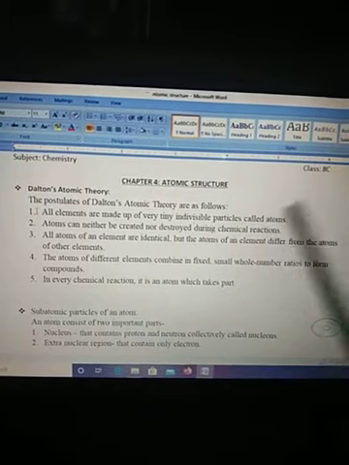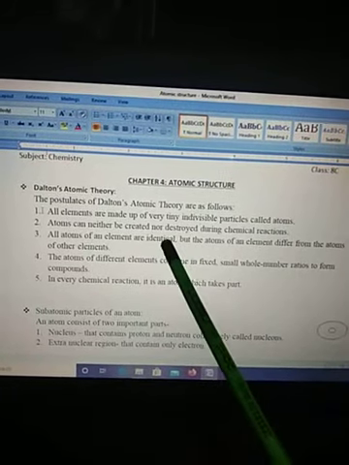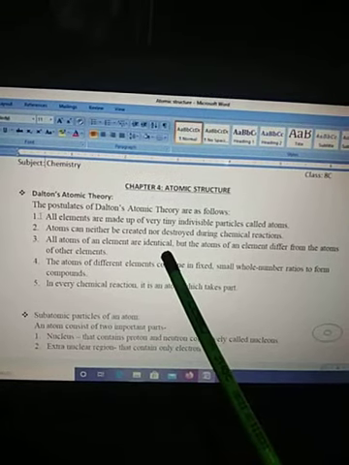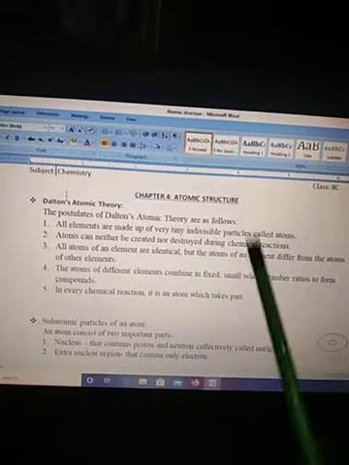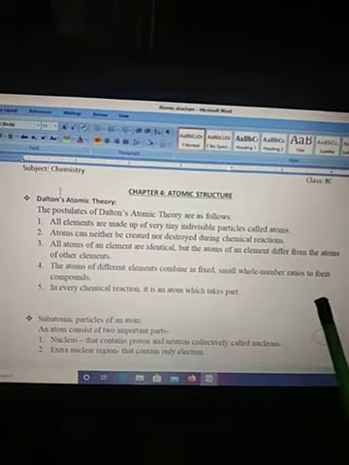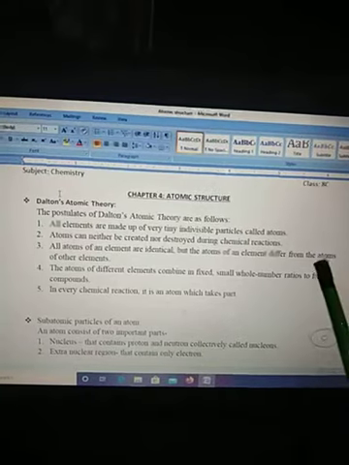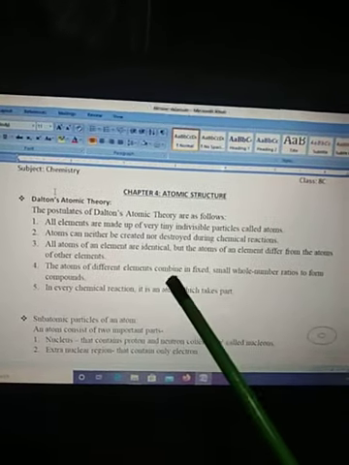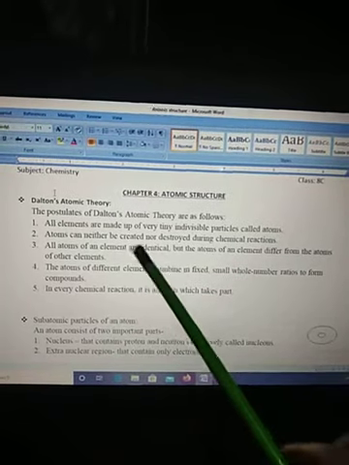Later on we'll study about it. According to that, hydrogen has three isotopes: protium, deuterium and tritium. They have the same atomic number, but different mass numbers. So although they are atoms of the same element and should be the same, it does not hold because they have different masses.